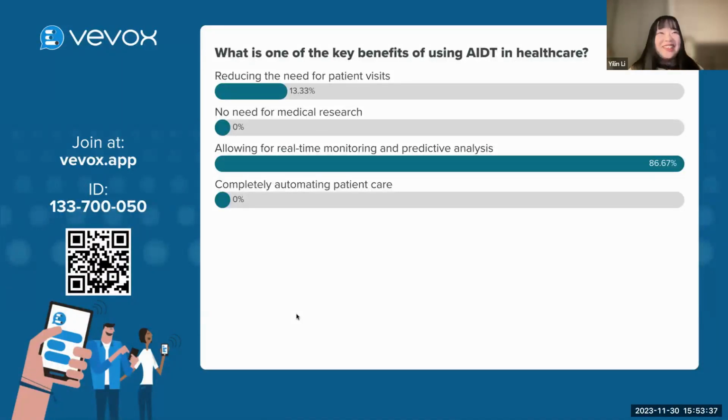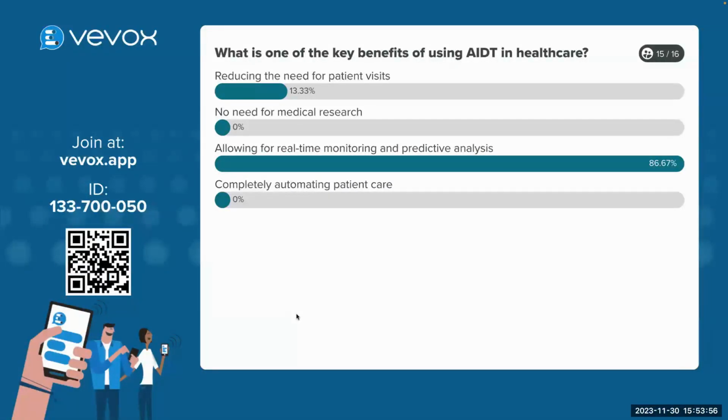Yes. Most of us think allowing for real-time monitoring and predictive analysis, which is accurate. Reducing the need for patient visits could also be right.